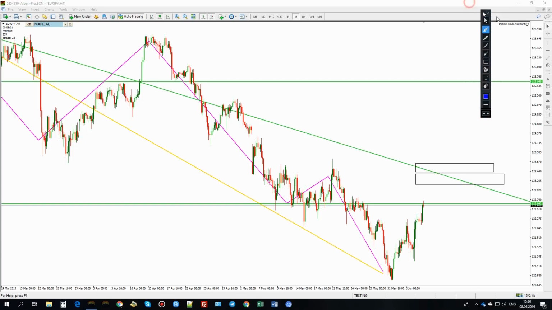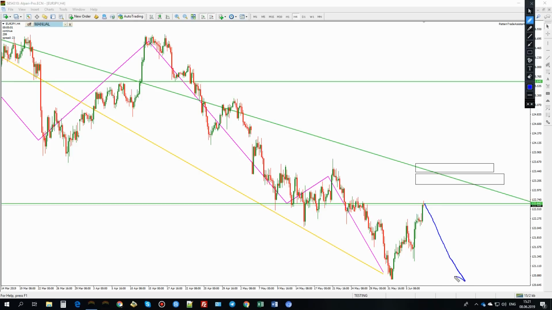Okay, but what I do like is the scenario when price is below the resistance level. Right now it is below the resistance level. So let us see what the potential is here. Do we have any key resistance levels here? No. We have only empty space. We don't have any obstacles here all the way down. Here we have this obstacle to go to the downside, and this obstacle when we go to the upside.